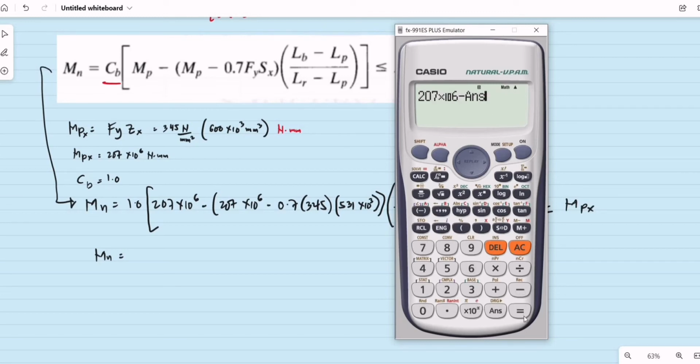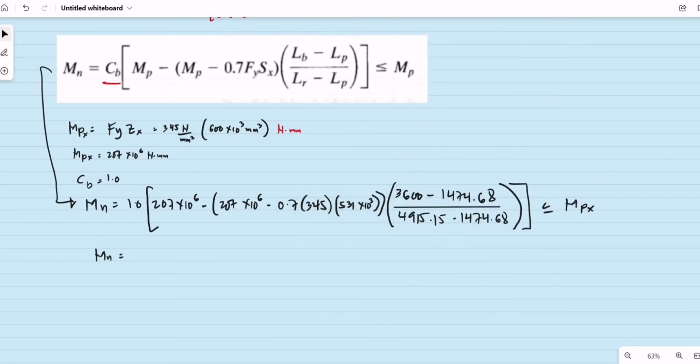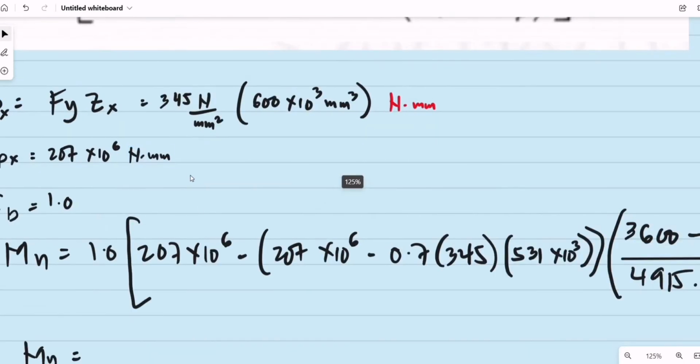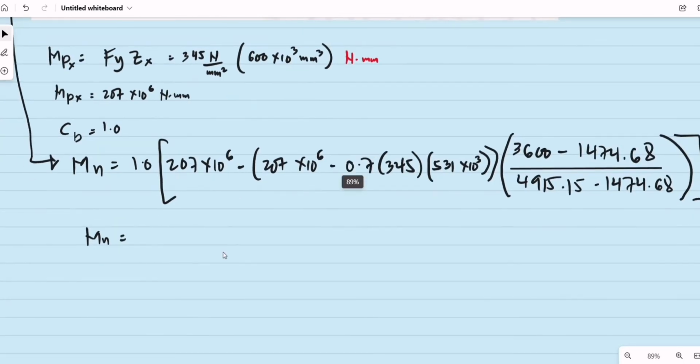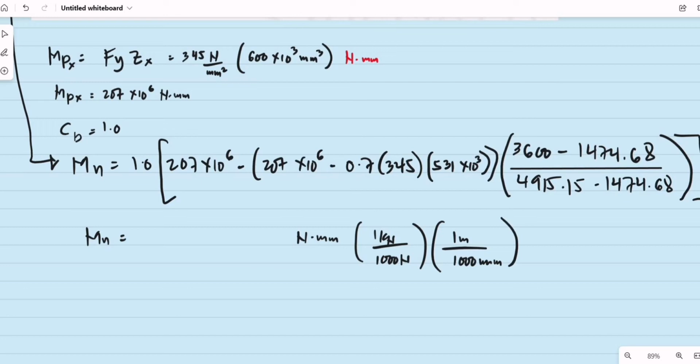So minus the answer. Then to be divided by, if we are to do unit analysis, this value is in terms of Newton millimeters. Multiplying, 1 kilonewton is to 1,000 newtons, then 1 meter is to 1,000 millimeters, or basically divided by 1 million.